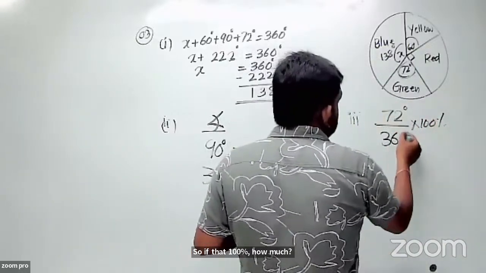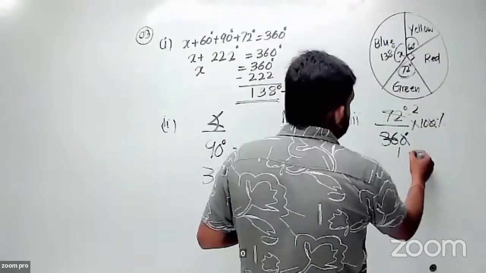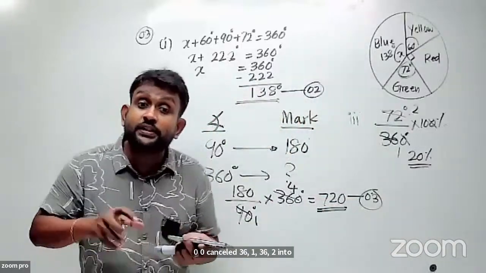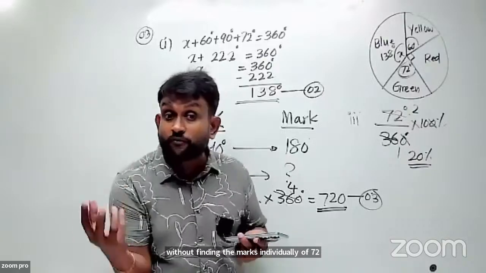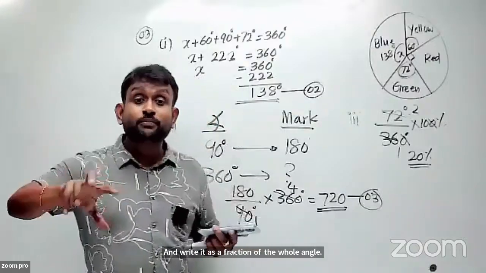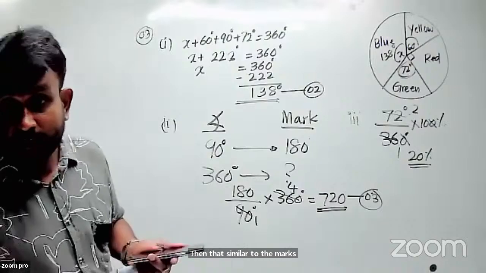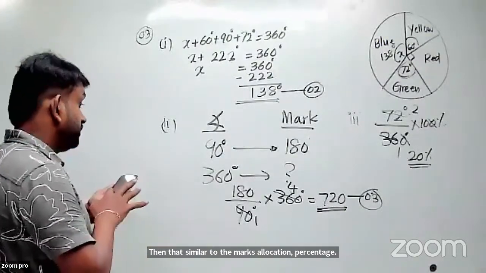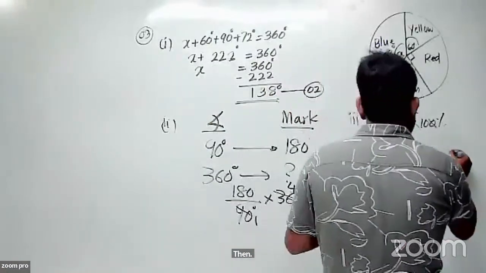Now zeros cancelled, 36, 1, 36, 2. 2 into 10, 20%. So you got my point. Without finding the marks individually, you can write it as a fraction of the whole angle. How much is the green angle? Then that's similar to the marks allocation percentage. Okay, correct it. Then for that one, you have another 2 marks.